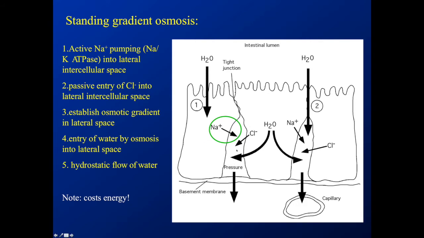And so this increases the osmotic potential of this area, and water then flows into this lateral space by osmosis, and this allows a hydrostatic flow of water. It requires energy, but this is one way that the body can bring in water against the osmotic gradient.